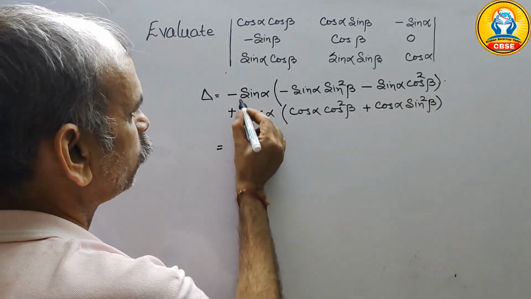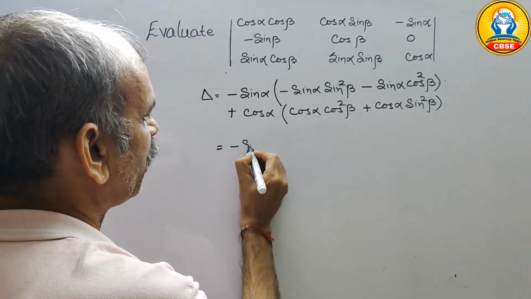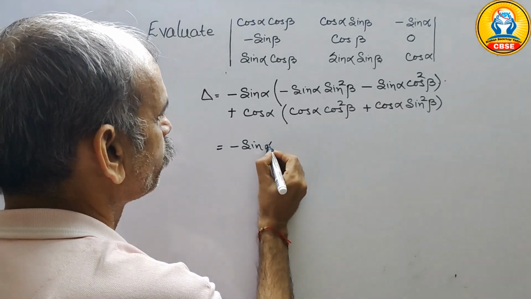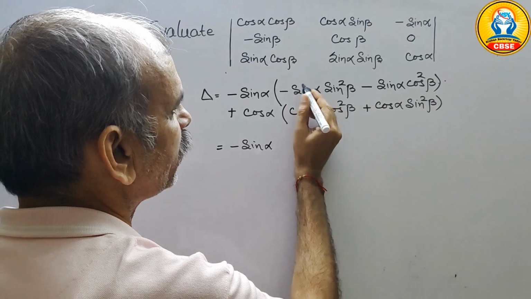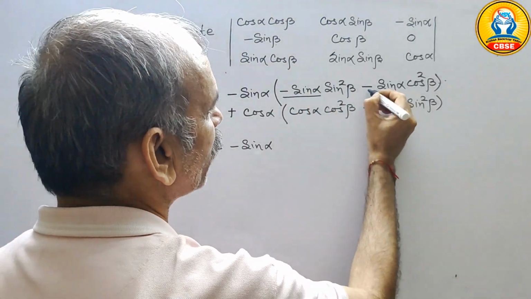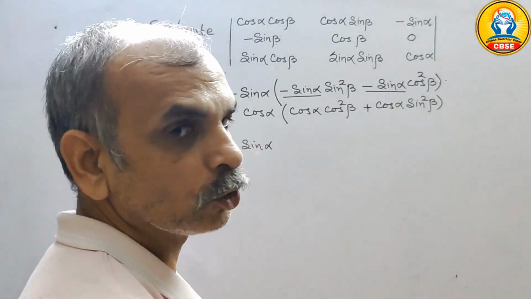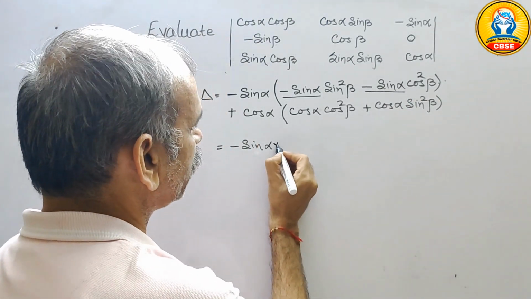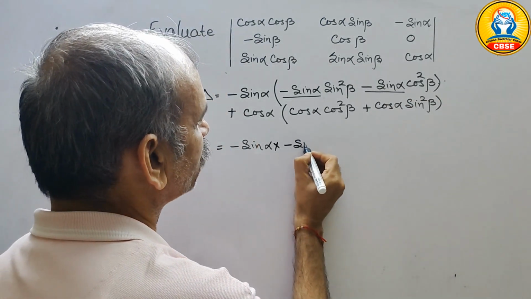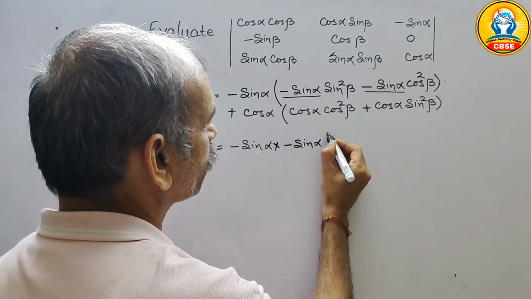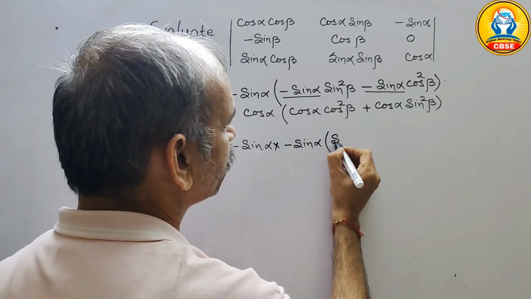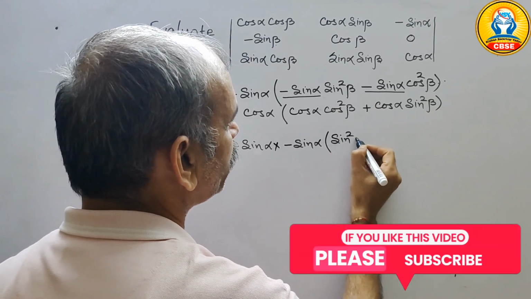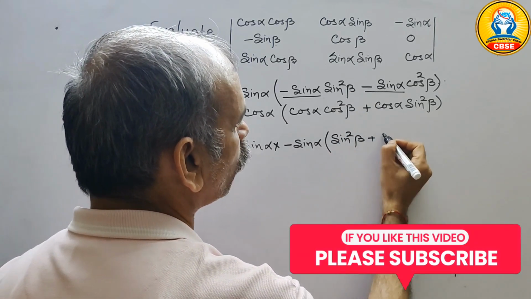So that is equal to, we can say, minus sin alpha. And here if you see, minus sin alpha is common in both. So here it will come as minus sin alpha, and in the bracket you will get sin square beta plus cos square beta.